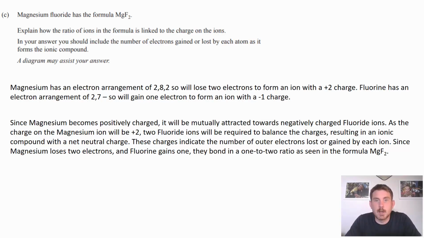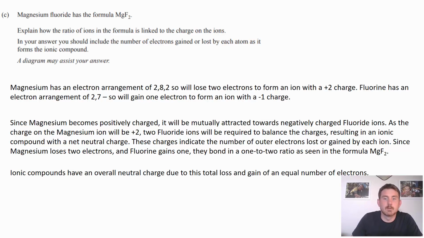These charges indicate the number of outer electrons lost or gained by each ion. So in MgF2, we can see that the 2 indicates that 2 electrons have been lost by the magnesium, and that 2 fluoride ions are required to balance that charge. Since magnesium loses 2 electrons and fluorine gains 1, they then bond in a 1:2 ratio, as seen in the formula. And that's an excellence level answer.